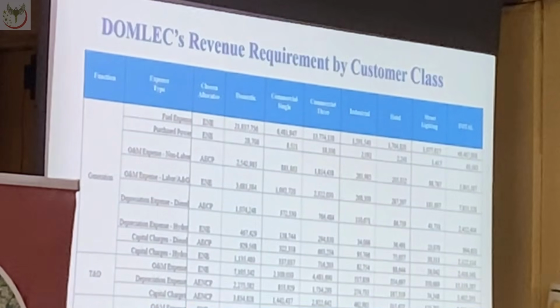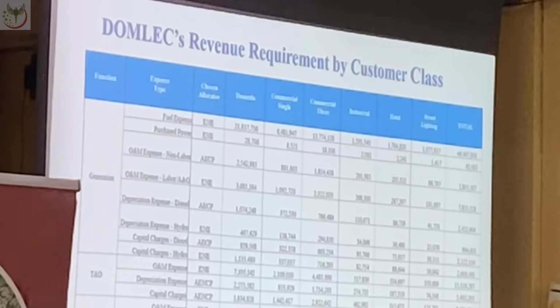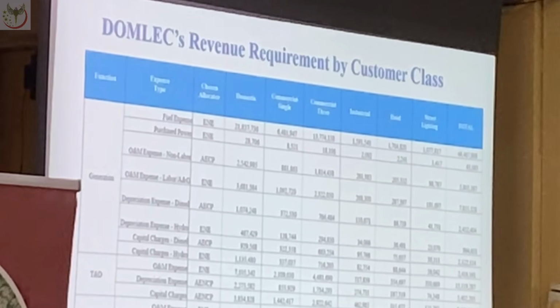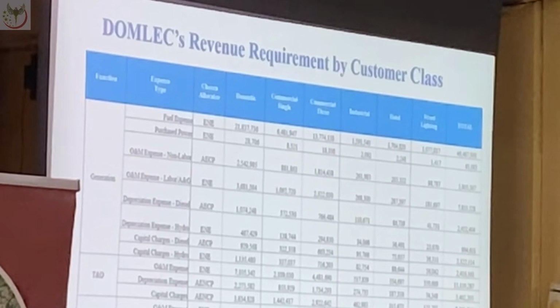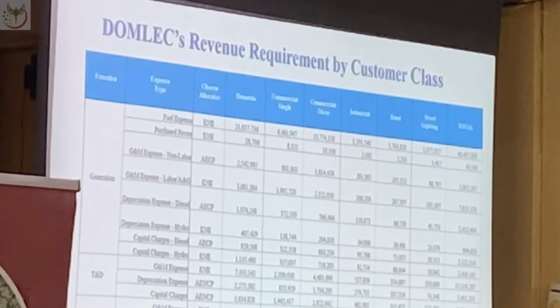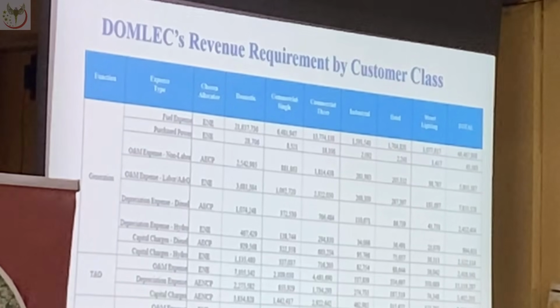Now we will move to this slide, which shows the outcome following the cost of service financial model, following its findings. So what we are seeing there, as indicated in the first column, it disaggregates the revenue requirement into 3 categories: generation, transmission and distribution, and customers.